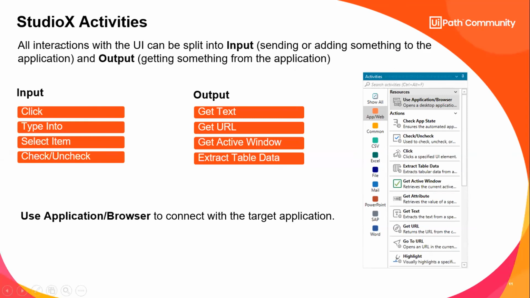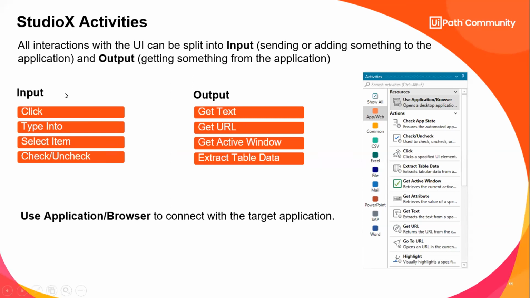Now, all the interactions with the UI can be split into two categories. One is the input category and the other one is the output category, right? So whatever you are doing on the user interface, it can be split into either input or output. Input simply means that you're sending or adding something to the application.